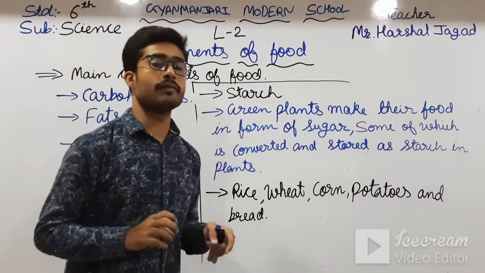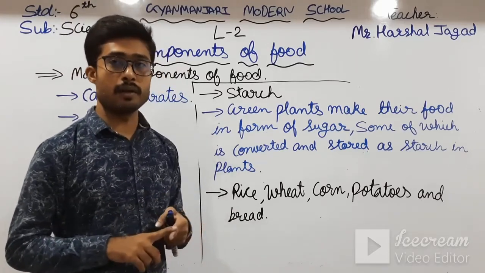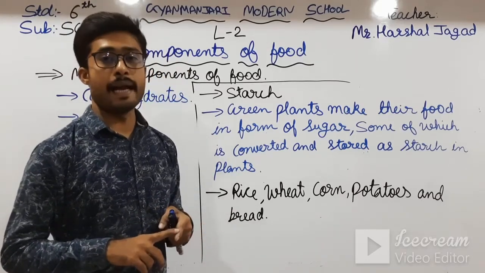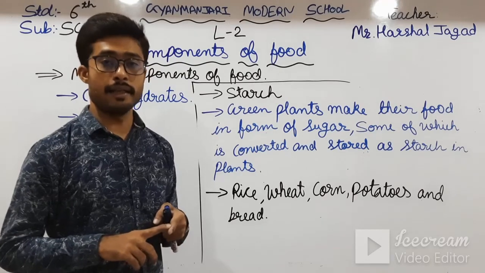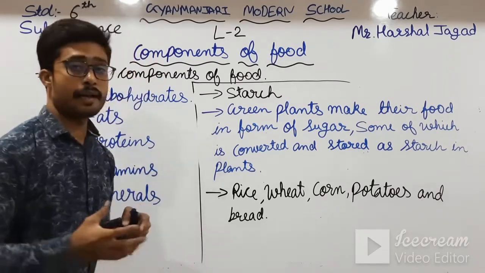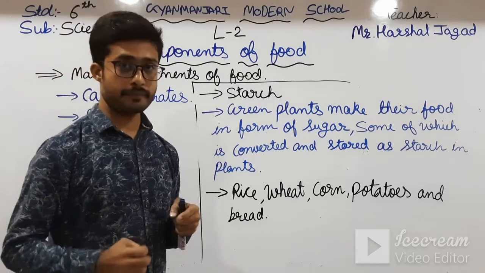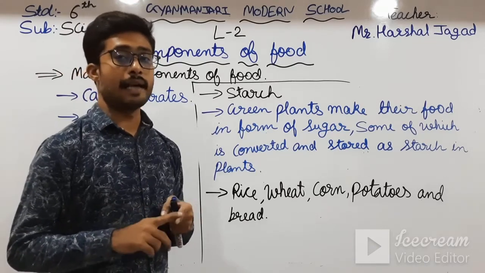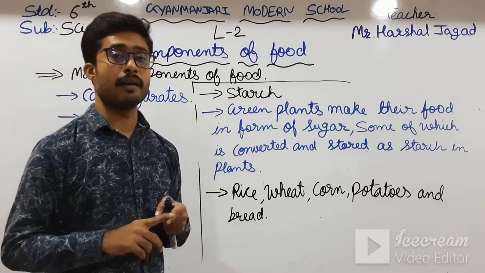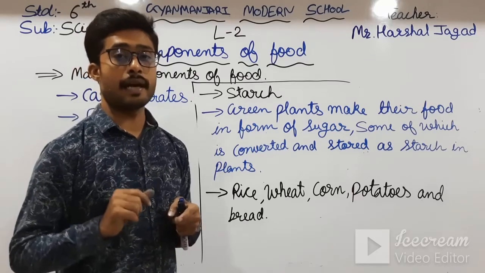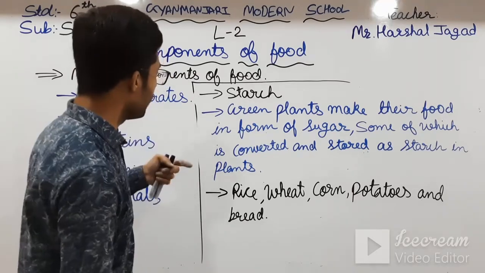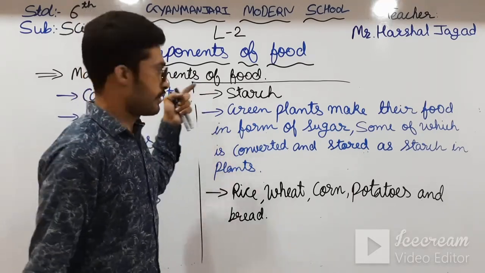The main sources of the sugar are table sugar, fruits, and honey. And the sugar in the milk is known as lactose. Okay, students, and then we come to the starch.